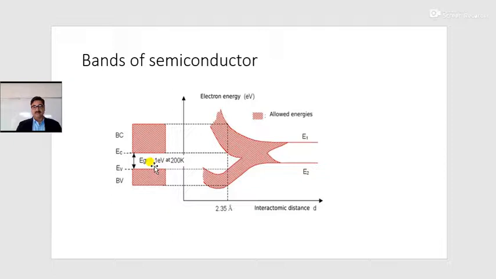Less than 3 electron volt, then it will come in the range of semiconductor. And when the energy gap has a value less than 1 electron volt, then it will come in the range of conductor.